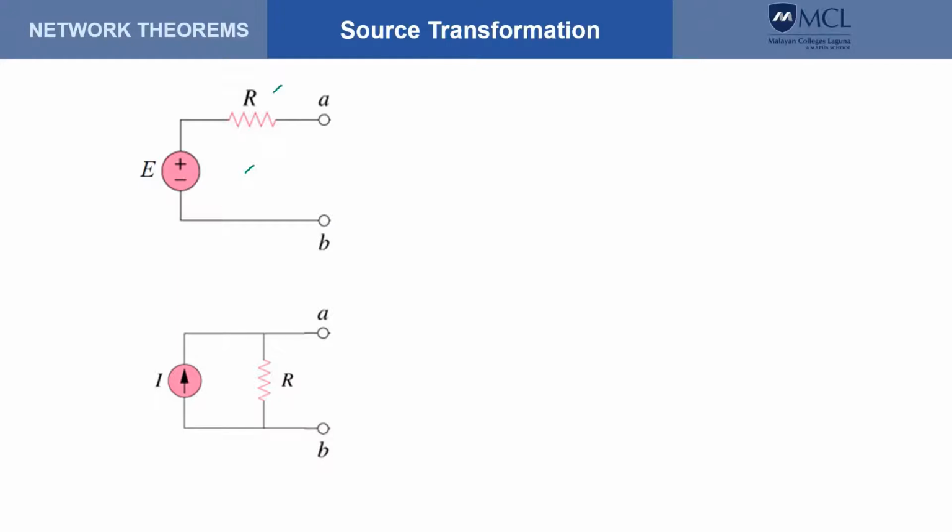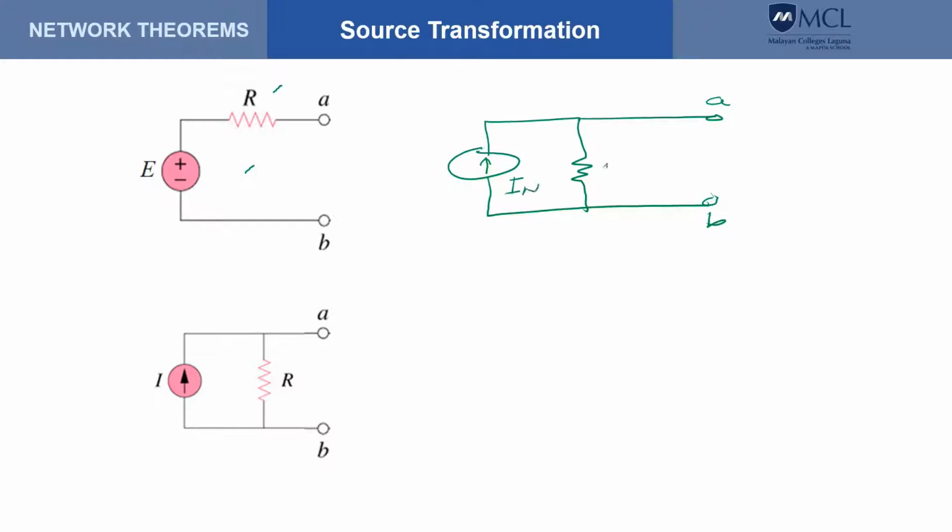That means that I need a current source that is in parallel with a resistance. So this one is I sub n, and this one is R sub n.